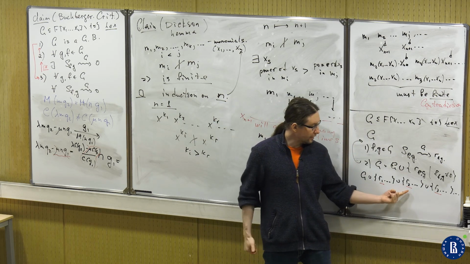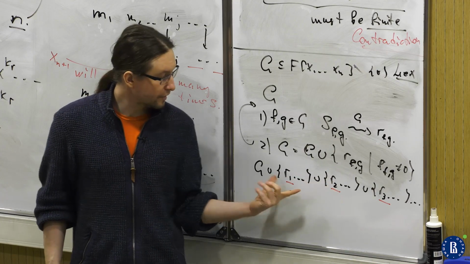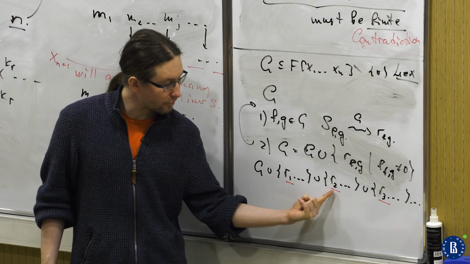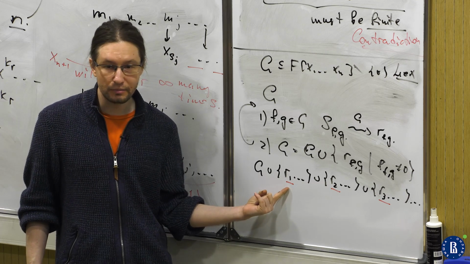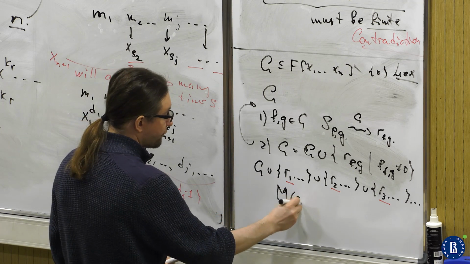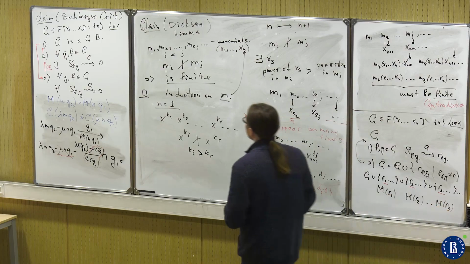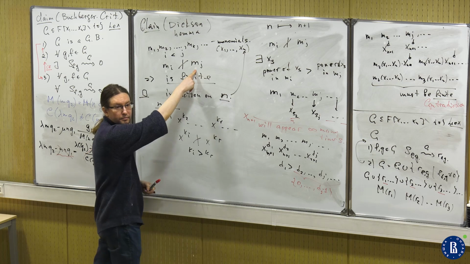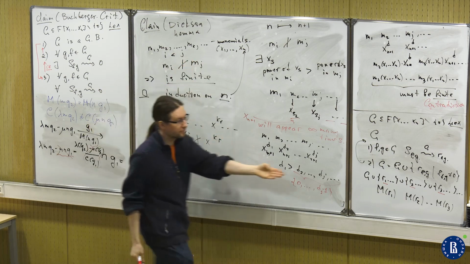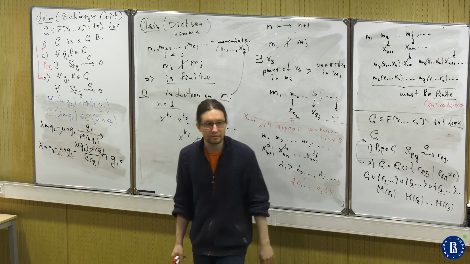Now, if this is a remainder, it means that every monomial of R2 is not divisible by the leading monomials from here. So at least the leading monomial of this guy is not divisible by the leading monomial of this guy. So if we take the leading monomials of new remainders, it satisfies this property. And since a sequence of monomials with this property is finite, this procedure will terminate. That's it.